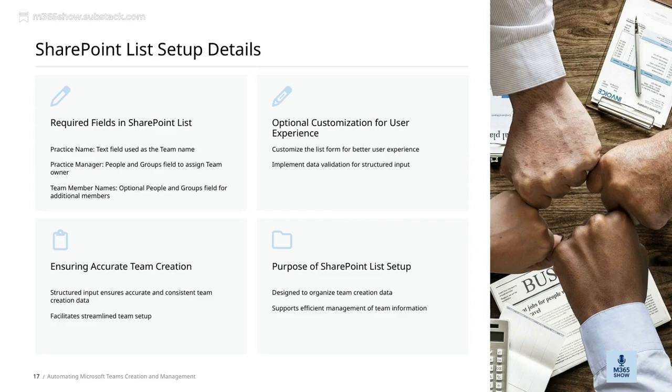The main purpose of configuring this SharePoint list is to provide a structured way to input team creation data. This structure is crucial because it ensures the data is accurate and consistent, which is key for successful team setup. When the data is reliable, the process of creating and managing teams becomes much smoother.